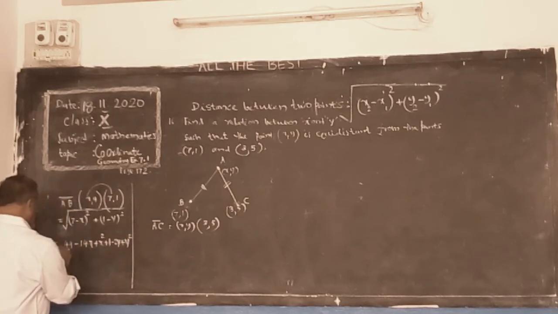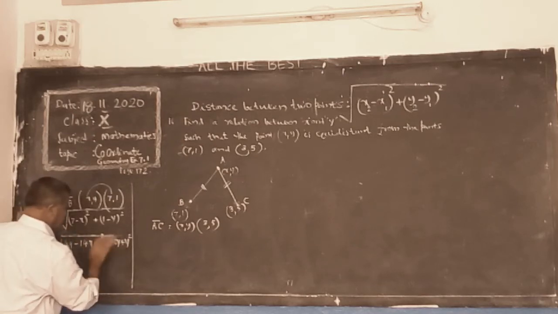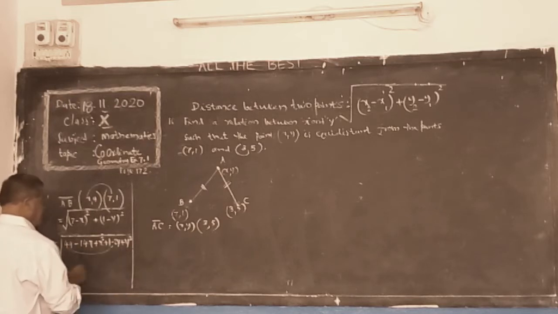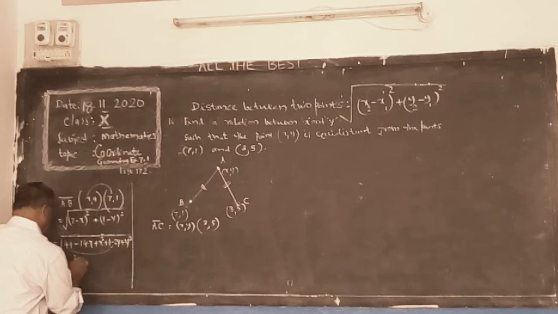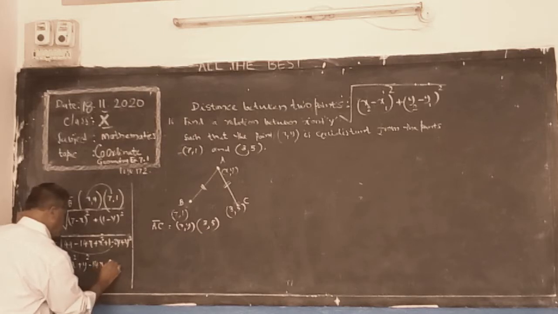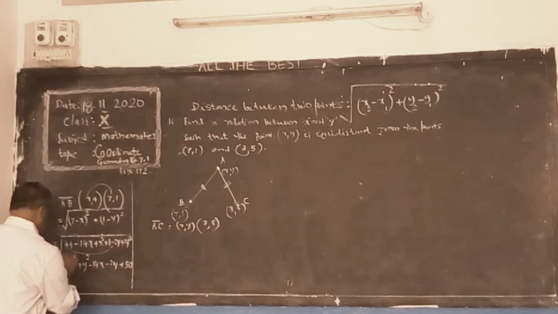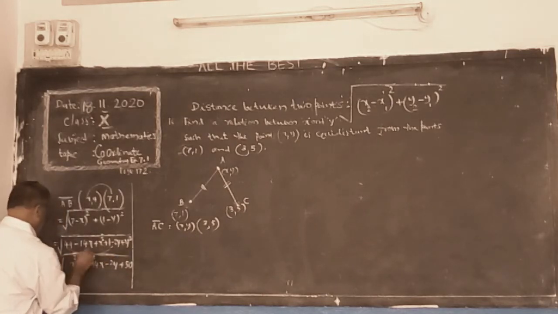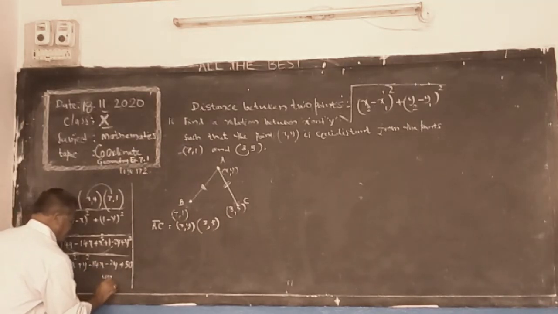Under root, 49 plus 1 is 50, and x squared plus y squared minus 14x minus 2y plus 50. This is the distance AB units.